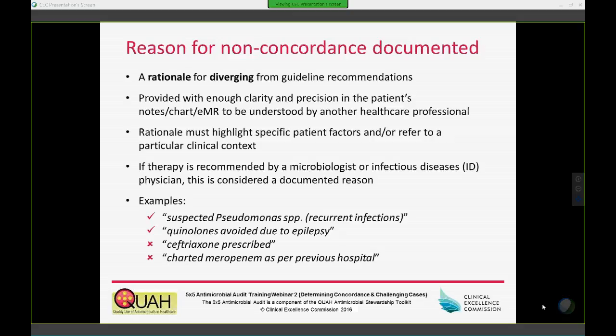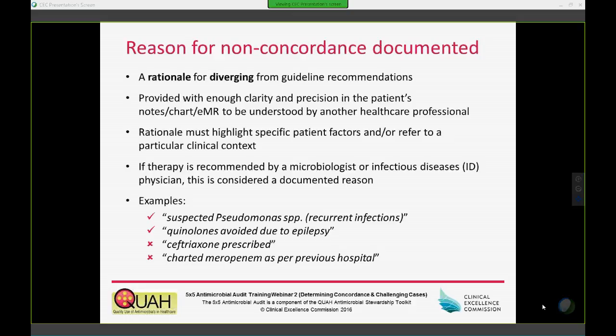We've got a few examples of what might be an acceptable reason for non-concordance. For example, if a patient's been prescribed a broad-spectrum antibiotic and it says it's suspected Pseudomonas species because the patient has recurrent infections, then that would be a reason for non-concordance being documented. Say a patient's first-line therapy might have been quinolones, but the notes say that quinolones have been avoided due to epilepsy.